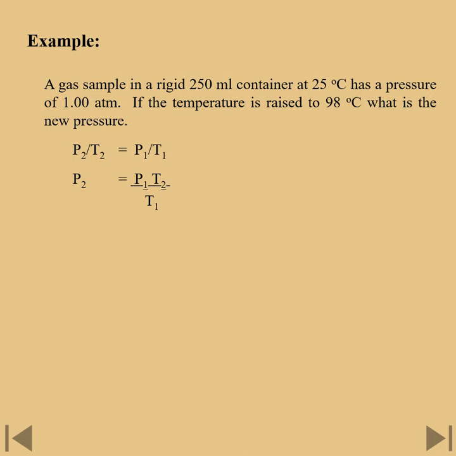And as in any gas problem, we have to change from any given temperature that's in degrees C into kelvins. 25 degrees C is 298 kelvins. 98 degrees C is 371 kelvins. And note how the two Kelvin temperature units cancel to leave us with the appropriate unit of atmospheres. Does our answer make sense? Our pressure went up due to our temperature going up. Yes, that sure does make sense.